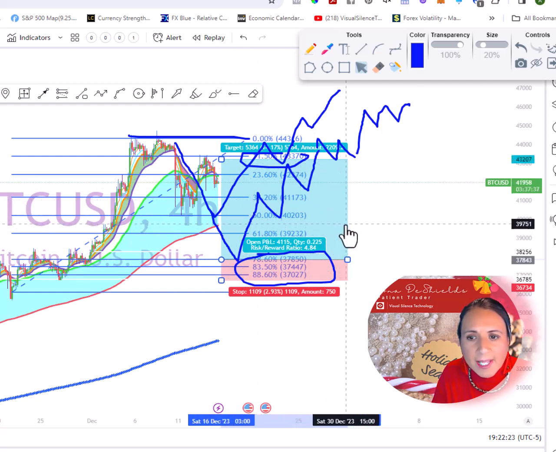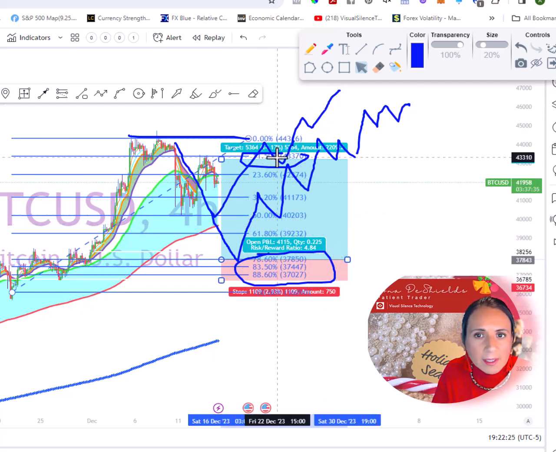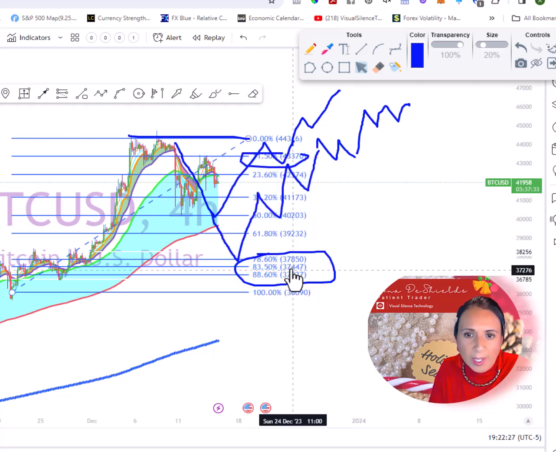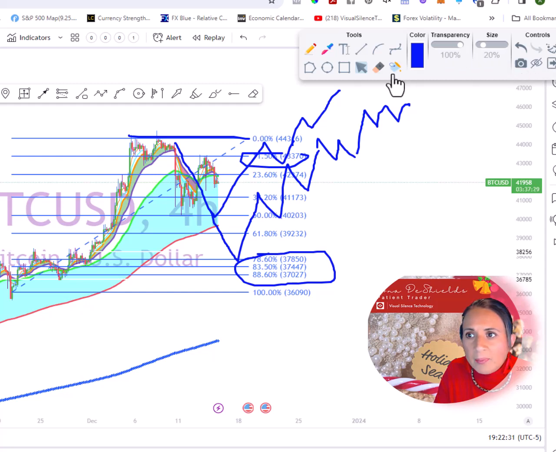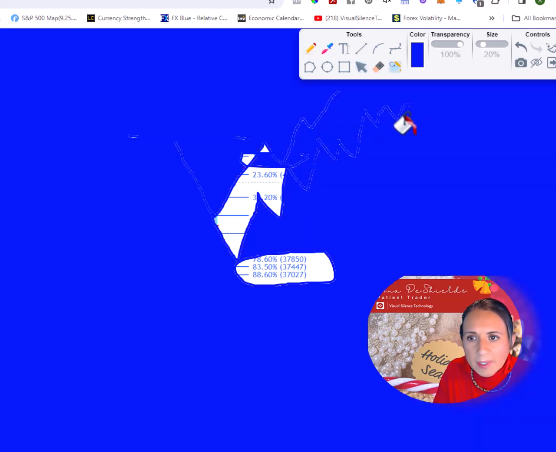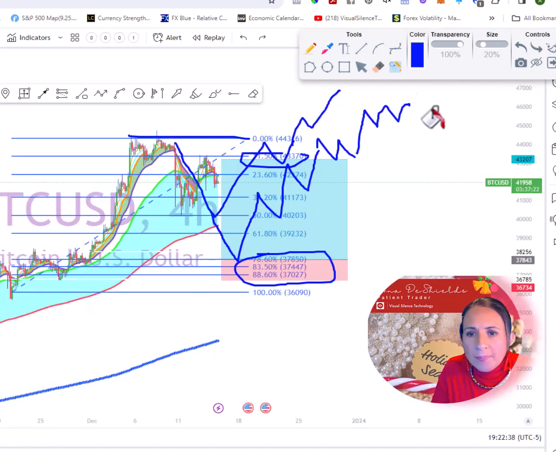And so that's why some traders just wait for price to get to this location instead of the 11.5. Let me undo that.